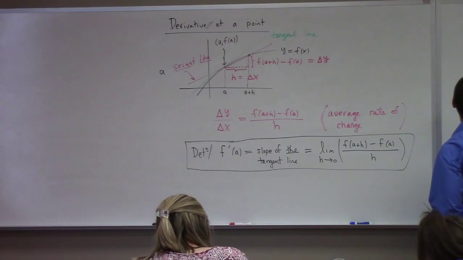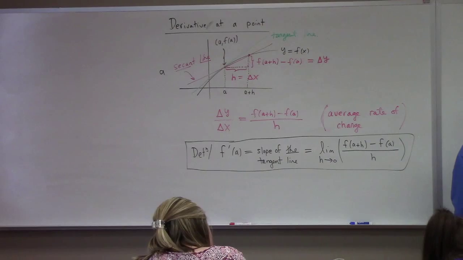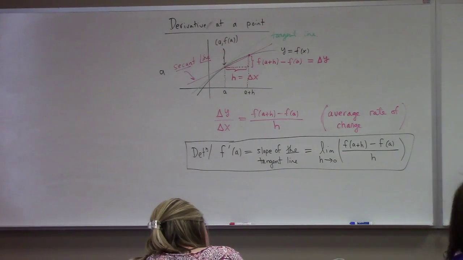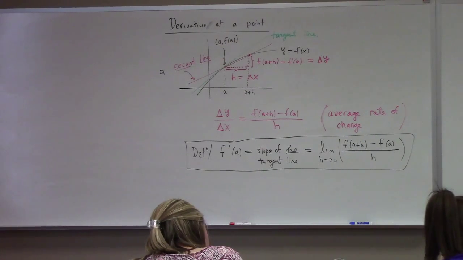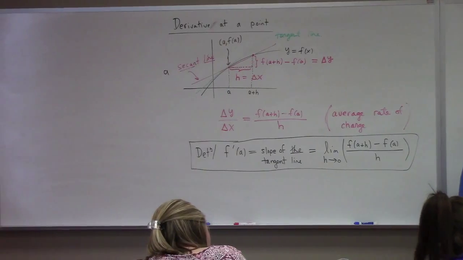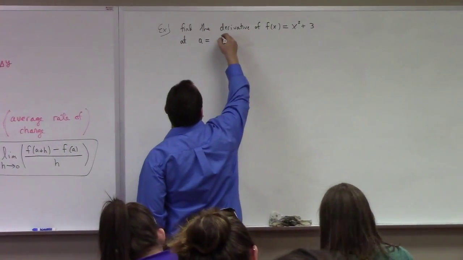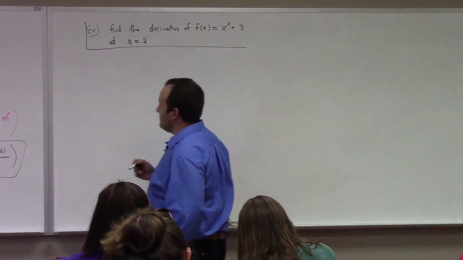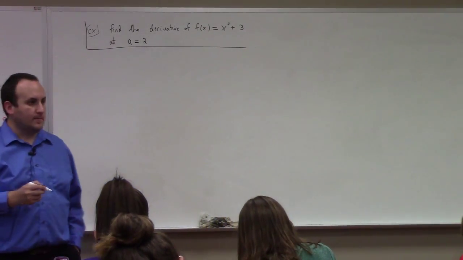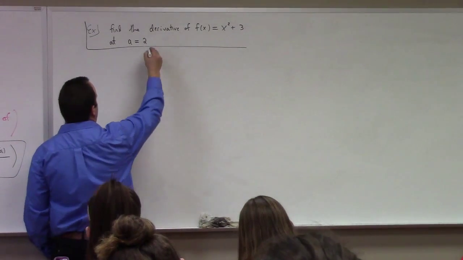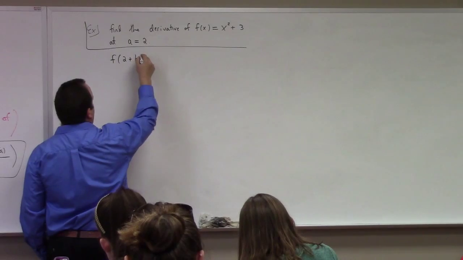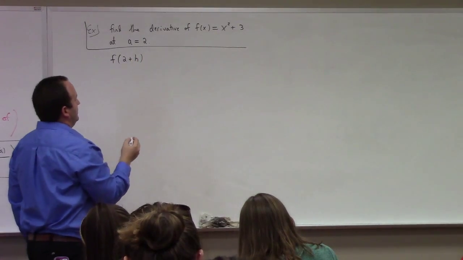Let's find the derivative of f of x equals x squared plus 3 at a equals, let's do 2. Okay? So what does that involve at the moment? We have to say what's f of 2 plus h.